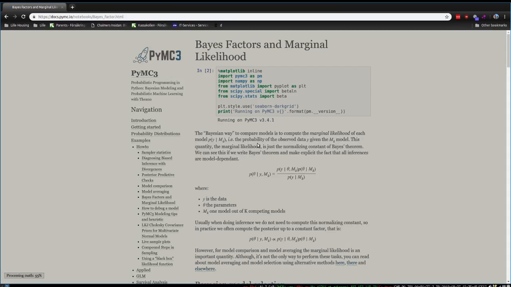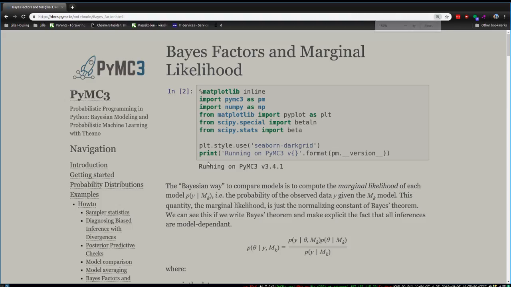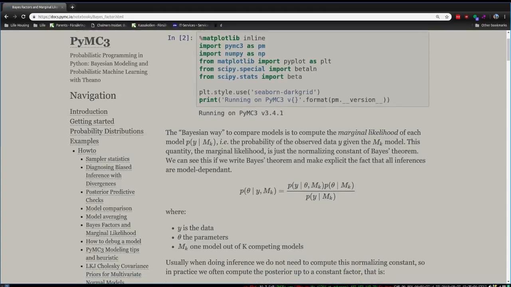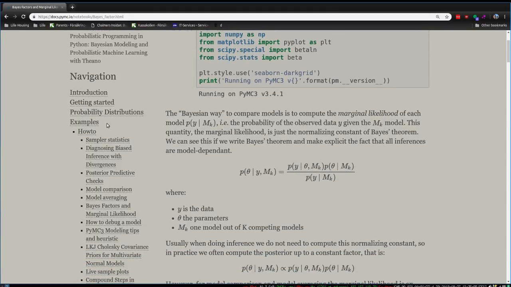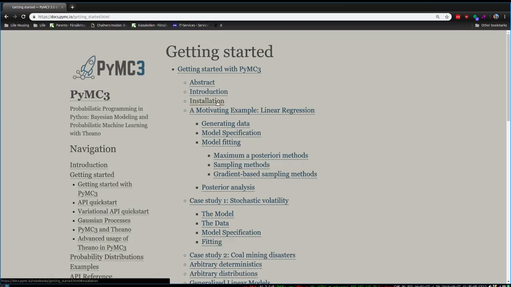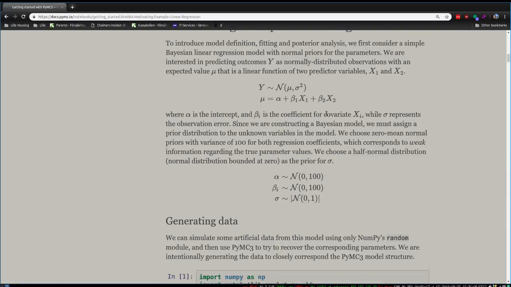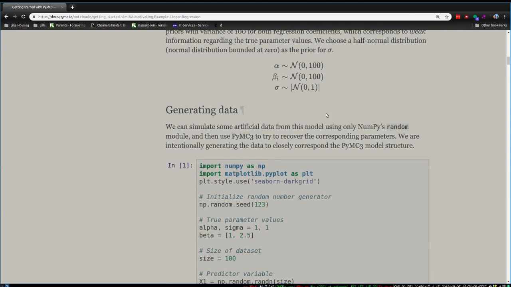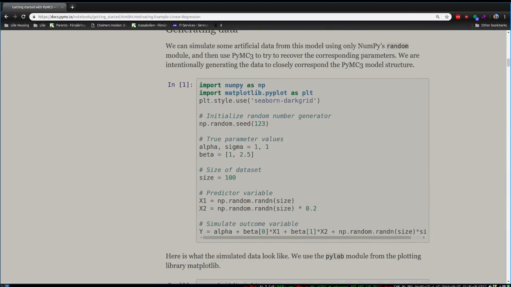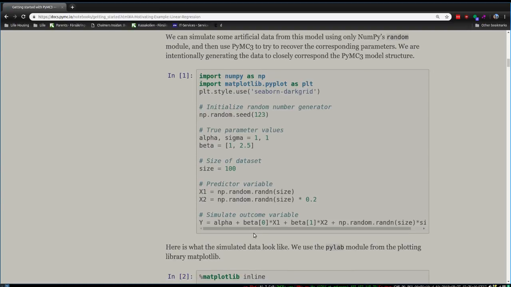Okay, so there's quite a lot of stuff here. This is an interesting package.